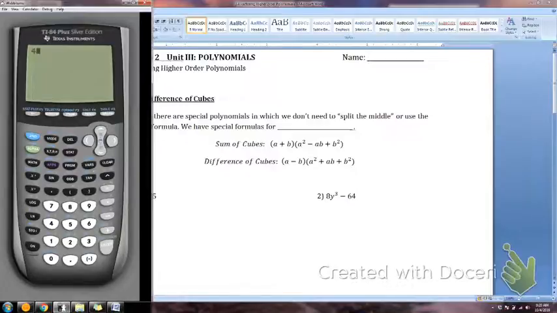You're going to type 4, and then do you see this caret button? It's above the division sign. 4 raised to the 3rd power gives you the exponent. Some of you, it actually switched into exponent mode, a small little number, and that's fine too. Then we'll push enter. 4 cubed is 64.